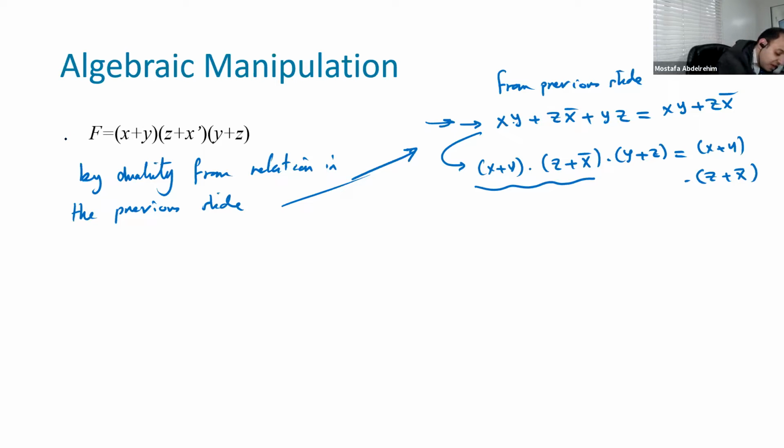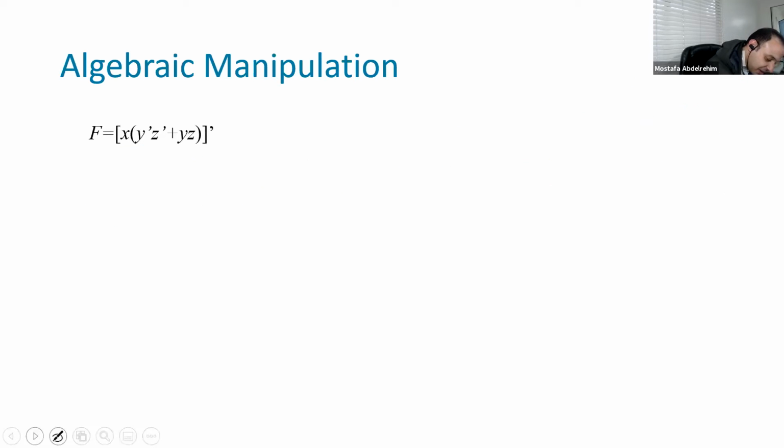I mean, if you are given f equal to z, you cannot get to that conclusion using the truth table. But if somebody tells you how to prove that this is equal to this, you can do that by using the truth table, the algebraic manipulation, or the duality. Now, in your assignment, you will do the algebraic manipulation. Okay, so let's have another example.